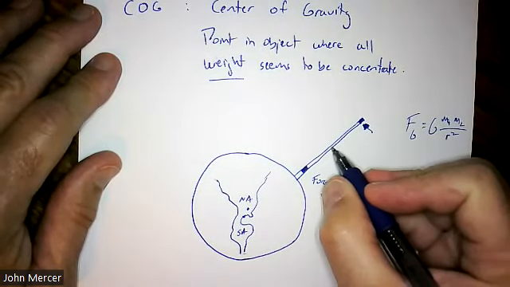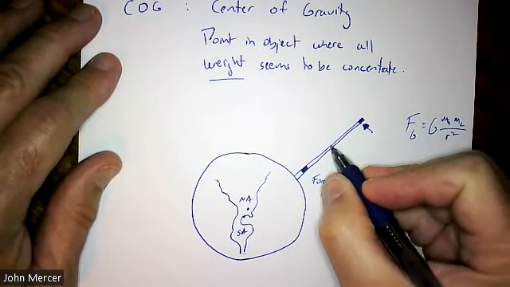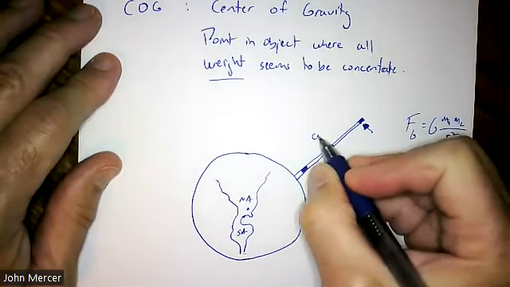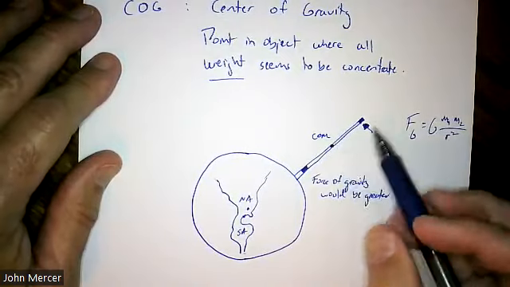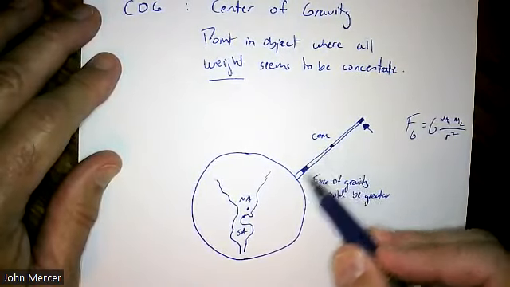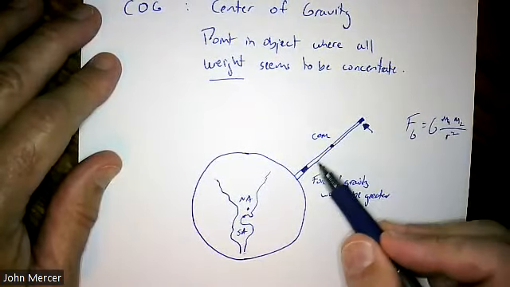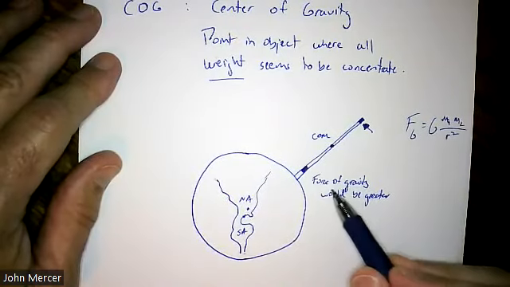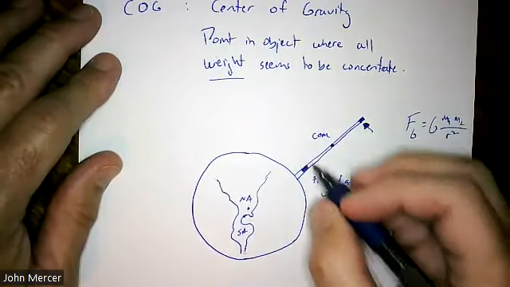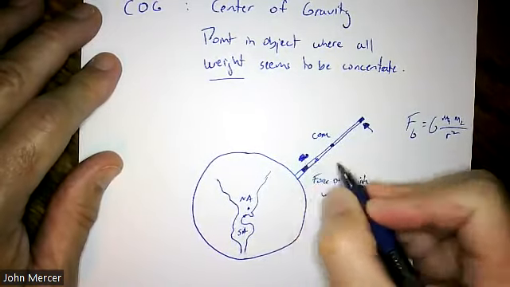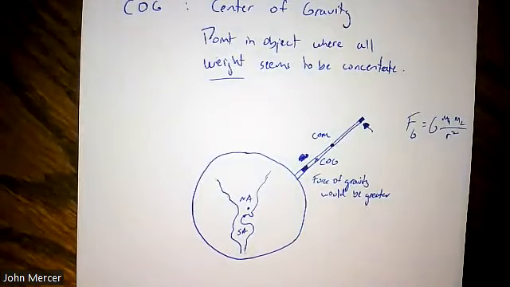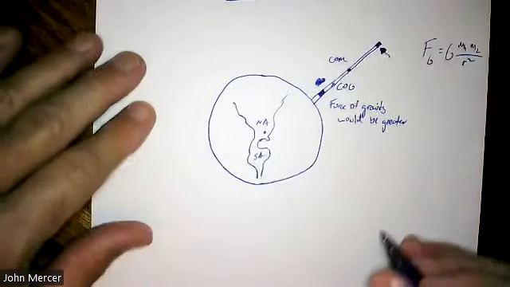The center of mass, if this was uniformly distributed, would be somewhere like here. And the center of gravity, where all weight seems to be concentrated, even if this were the same mass down here as up here, this weight would be greater because the force of gravity would be greater. So I'll put an X there and I'll say center of gravity. So seriously, a contrived example of where these two points are not the same.